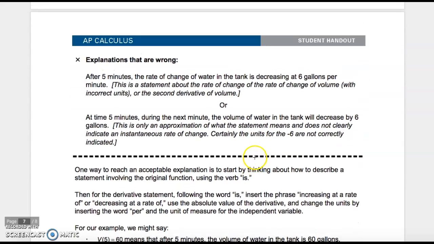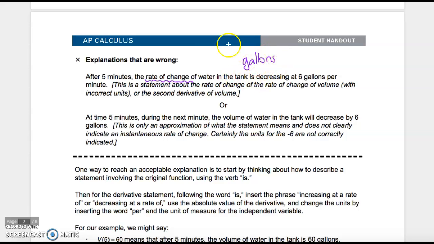And then these ones would be wrong. So after 5 minutes, the rate of change of water in the tank is decreasing at 6 gallons per minute. So when you're talking about, they don't say the amount of water in the tank, right? This is a statement about the rate of change of the rate of change, because they tell you the rate of change that you already have, but we don't have a rate of change originally. Our original thing is just measured in gallons.